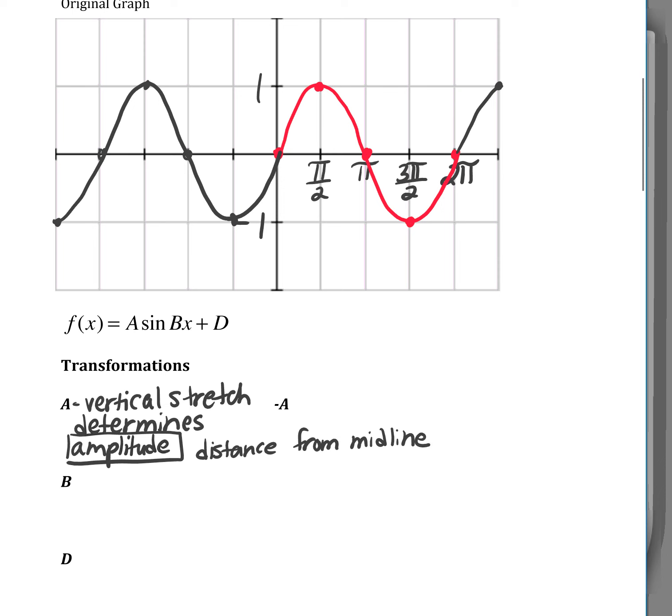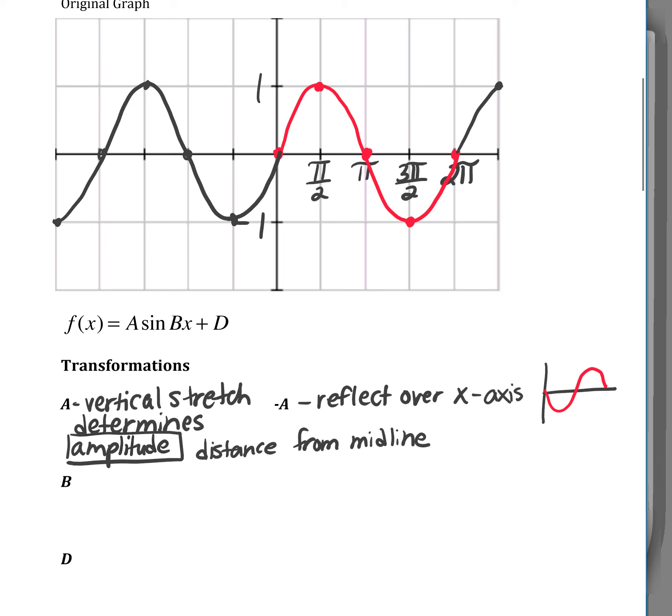And then the negative in front of A is just going to be a reflection over the x-axis. Which means for our one cycle, instead of going up and then down, it's going to go down and then up. So just to give you a quick idea of what it will look like, the one cycle in red will go down and up again to get that S shape.